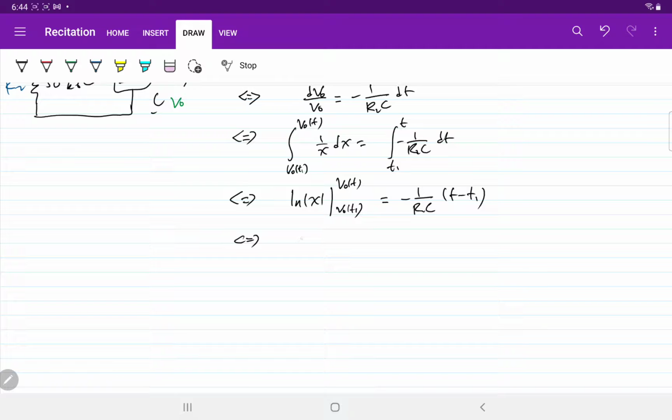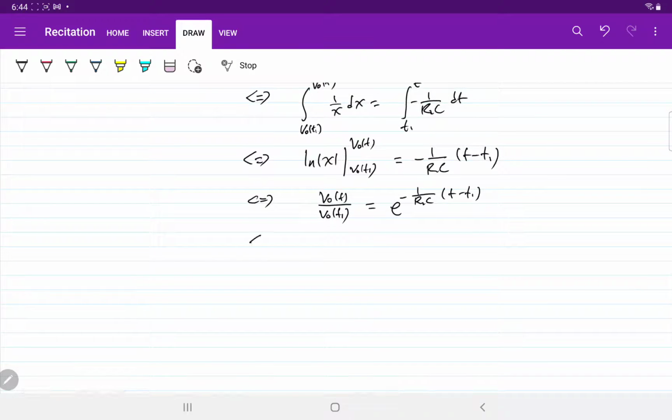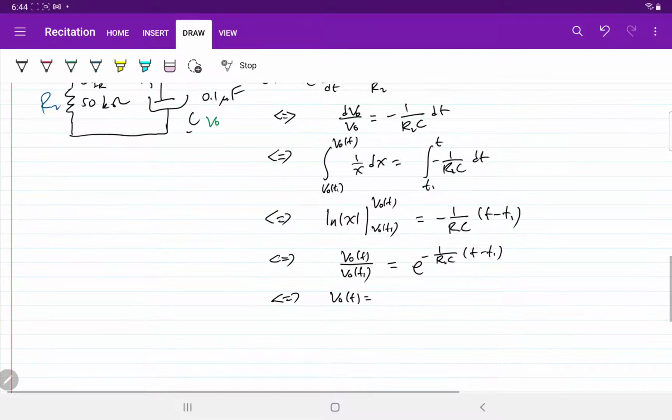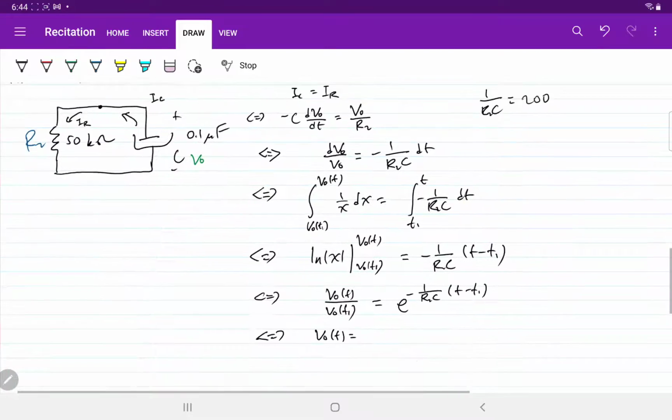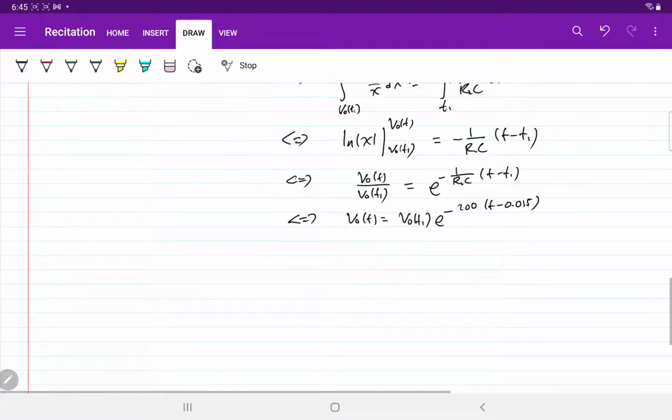Can we get V0(t) equals V0(t1) times e to the power minus 1/(R2C) times (t minus t1)? We know that t1 is 15 milliseconds, so V0(t) is V0 at t1, at 15 milliseconds, times e to the power minus 200 (t minus 0.015) volts.